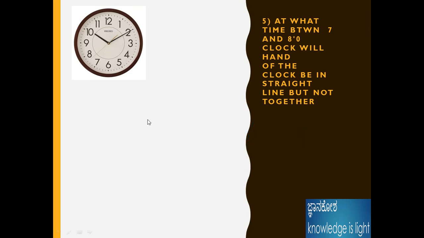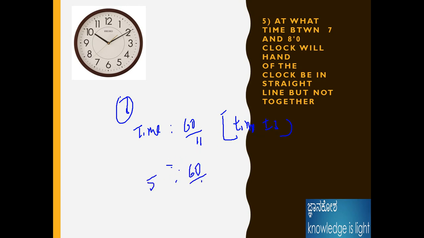The third method is also a formula method. Obtain it from the tabular column. Time is equal to 60 divided by 11 times time plus or minus 3. Now the thing is, 5 is to 60 by 11. Therefore, here it is showing as 5 minus 2.